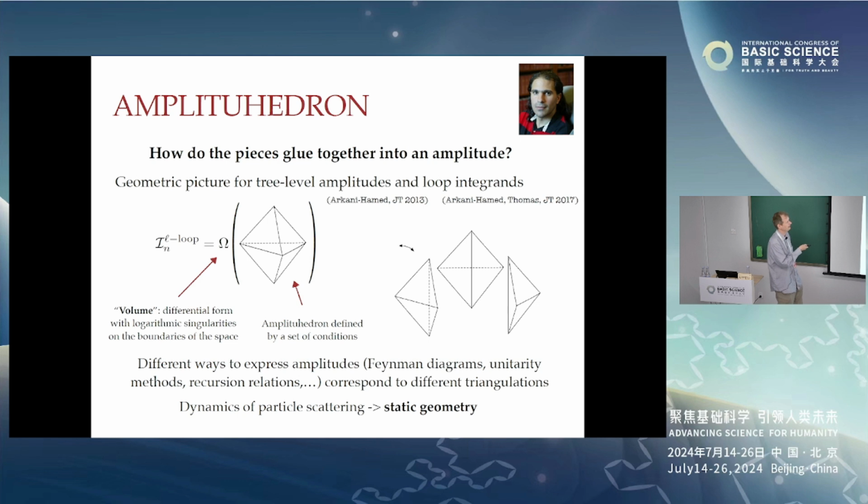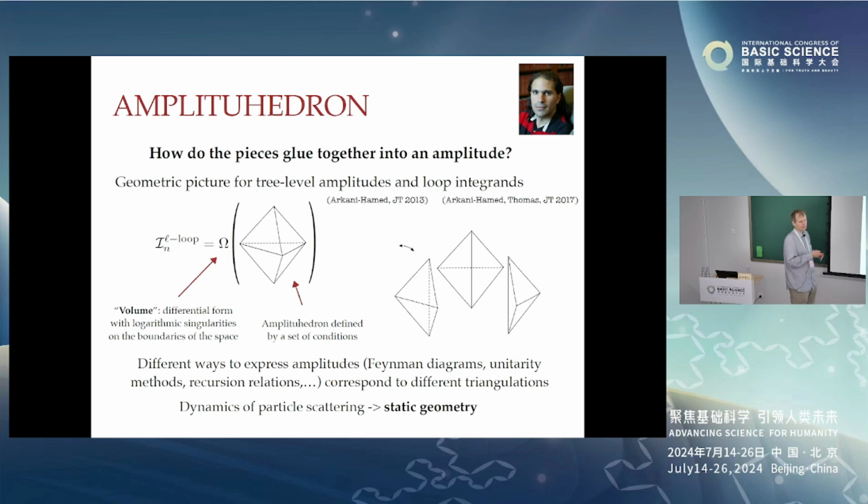So using this intuition, these on-shell diagrams play a big role, and from mathematics, using the right set of mathematical tools, you can identify that the full amplitude at tree level and for these loop integrands can be written as a certain volume, more precisely some differential form with logarithmic singularities on the boundaries of some region, and that's the amplituhedron region.